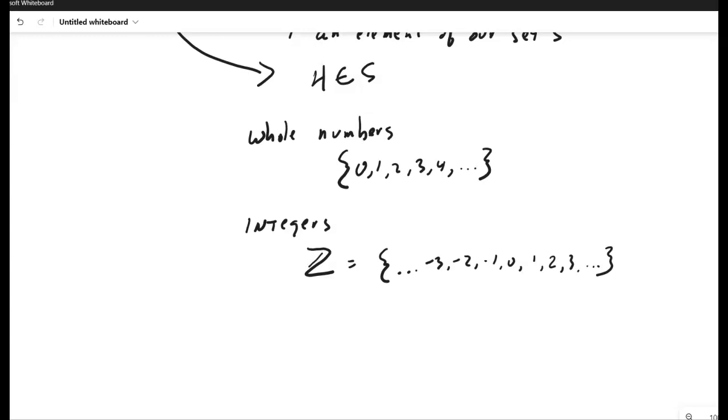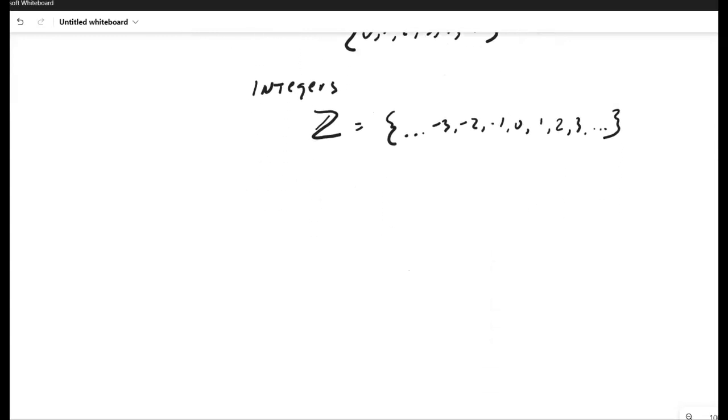Okay. So we've got the natural numbers, which I misspoke earlier and called real numbers, whole numbers, integers, and then finally we have the so-called rational numbers. The rational numbers contain numbers that can be represented as fractions, a over b.